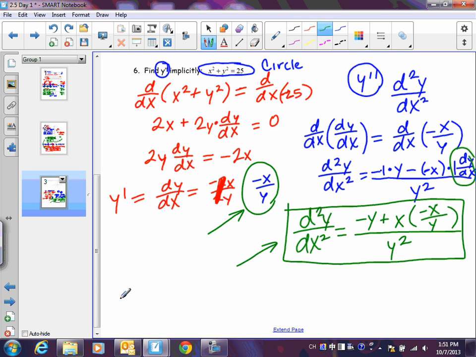Yes? So let's say you're on a test or quiz and you do all your work, but let's say that you get lost somewhere, but you know what the answer is going to be, like you've memorized it. Can you still write it? I would still write it rather than just leave it blank. Let's say you worked it out halfway through and then you just can't remember how to finish the problem.